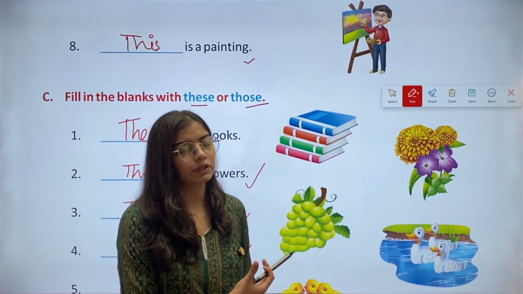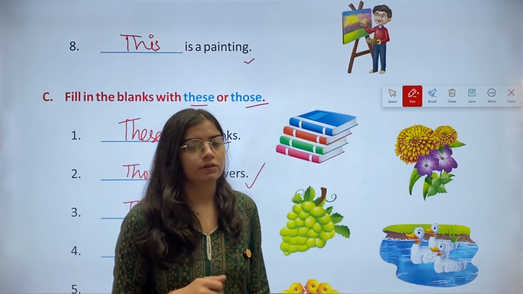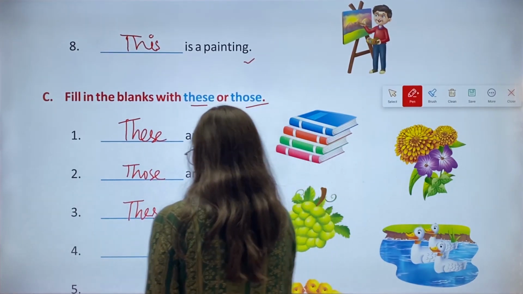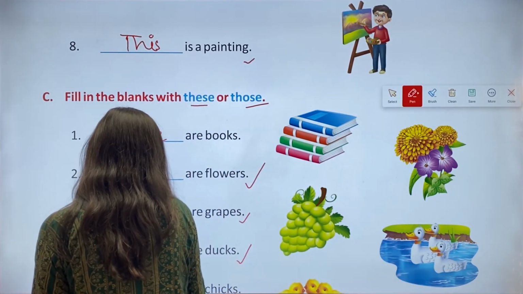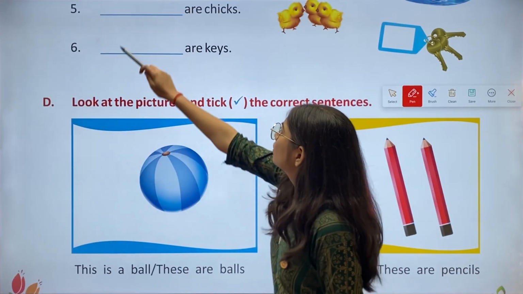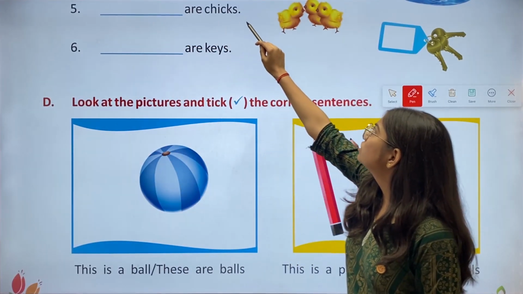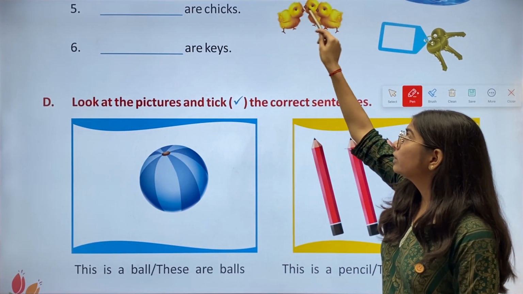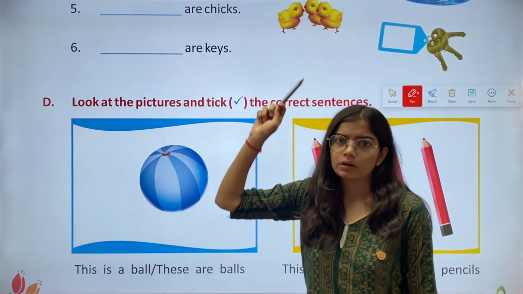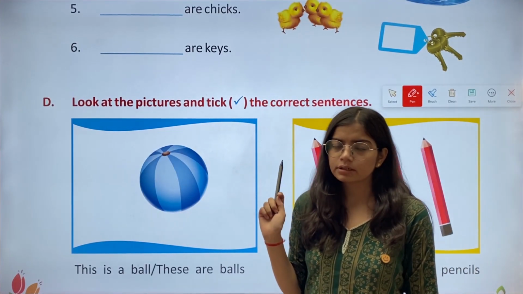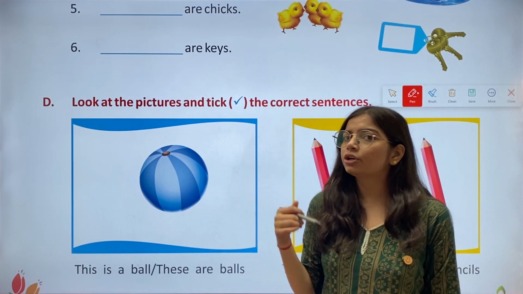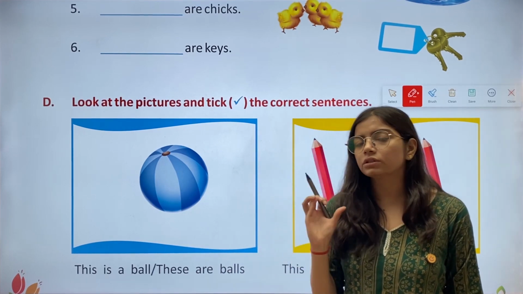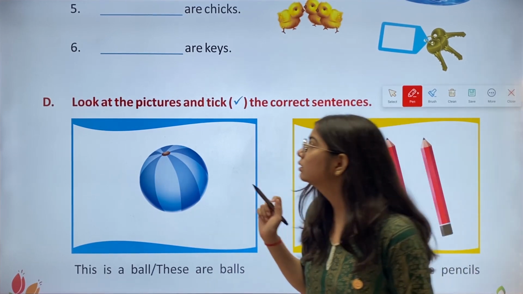So we use the word those. Fifth, dash are cheeks. So here you can see there are so many cheeks. So they are near to us. So we use the word these.